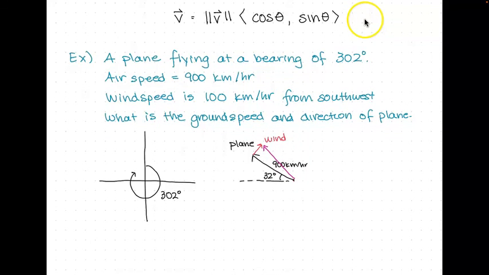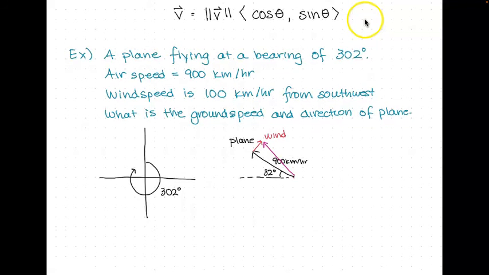So we're just going to add two vectors together. The plane, its magnitude is 900. It's the speed of the plane. What's the direction angle that we're going to use for the plane?